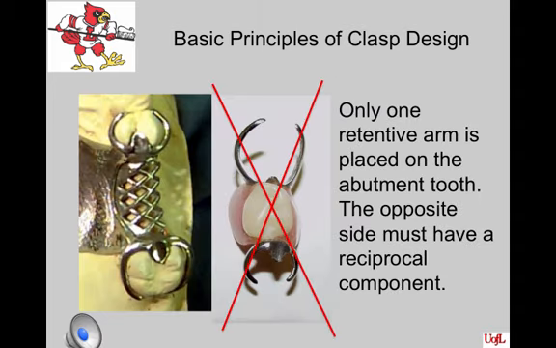There is only one retentive arm placed on an abutment tooth. The opposite side of the tooth must have a reciprocal component. There's really only one exception to this rule, and it is associated with a prosthesis that we should not do as dentists, even though you're going to see them walk into your practice. A unilateral partial denture is sometimes made for only one side of the arch.